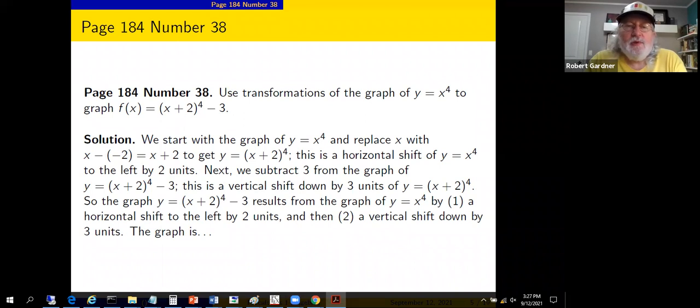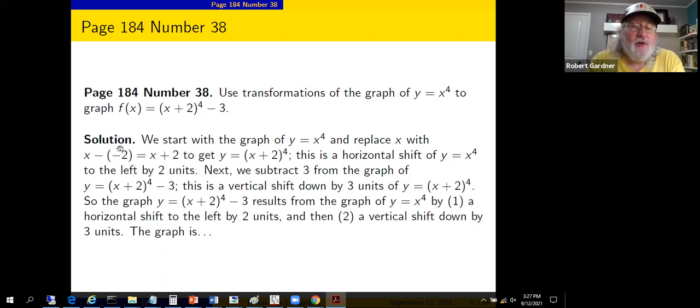Well, first, let's get the +2 in there. We'll do so by replacing x with x minus -2. You remember, we want to think in terms of these substitutions as we did when we dealt with transformations in the past. That is x plus 2, but we want to write it as x minus -2.